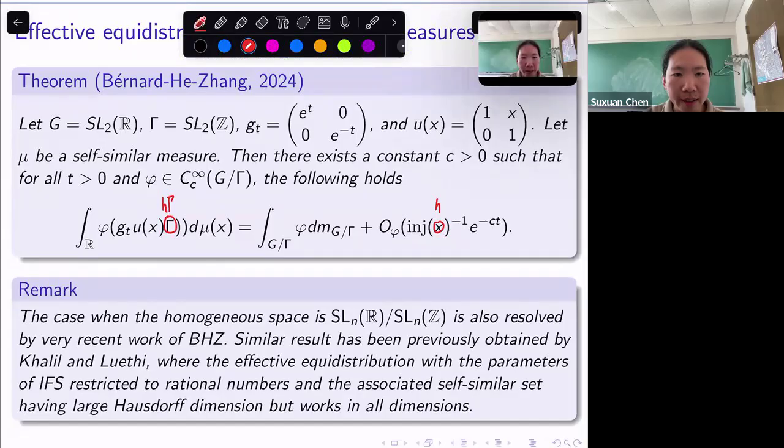And so for the left-hand side, we put the measure mu on the orbit u_x, and on the right-hand side, it's the integral of phi on the homogeneous space against the Haar measure on the homogeneous space G mod Gamma.